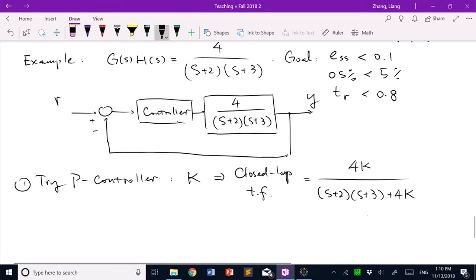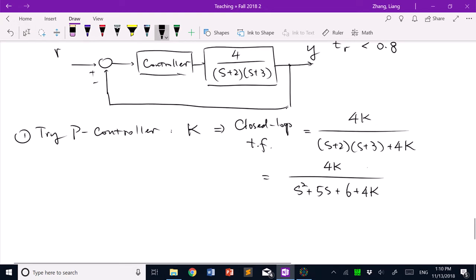Since now K will be the controller gain, you can write it as s squared plus 5s plus 6 plus 4K. This will be our closed loop transfer function. Now let's first have a look at the root locus, since when the controller is K, it is just naturally the scenario we discussed earlier.